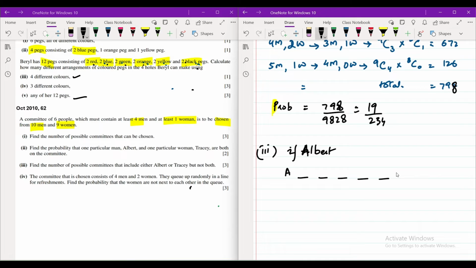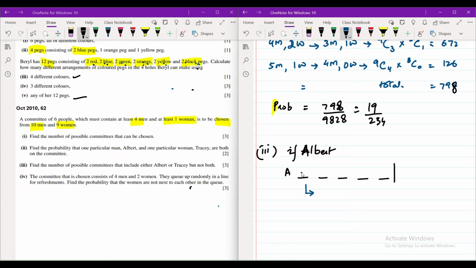So I have different cases over here, obviously, if Albert has been selected. So that means I have two possible choices.